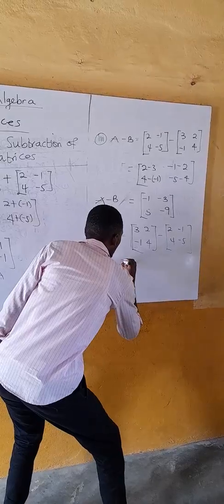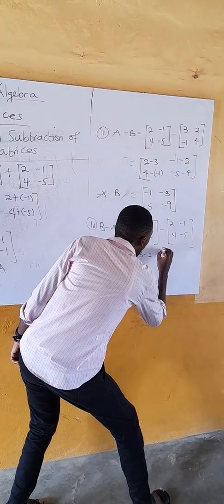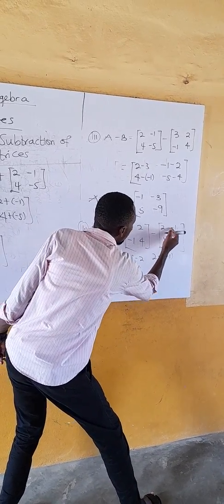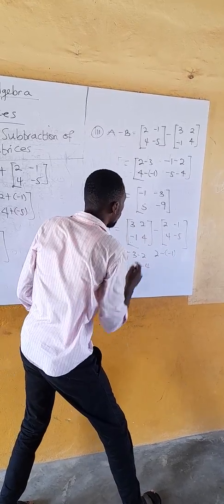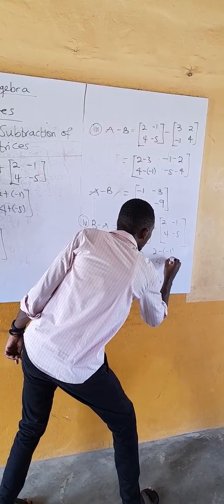So now let's perform that operation too. So we have 3 minus 2, 2 minus negative 1, minus 1 minus 4, negative 1 minus 4, then 4 minus negative 5.